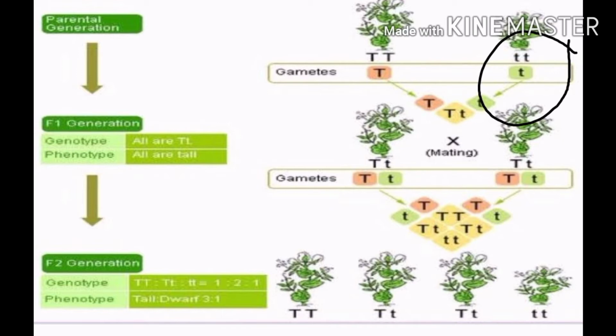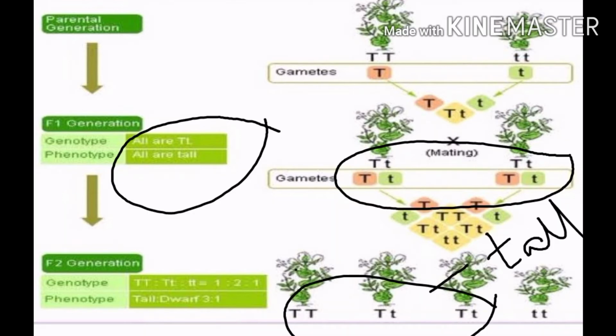When the offspring are produced by crossbreeding tall and short plants, the offspring obtained are of the type capital T, small t. All the offspring are tall. It means that the capital T is the dominant allele and thus expresses itself, while the small t is recessive, though present but masked.